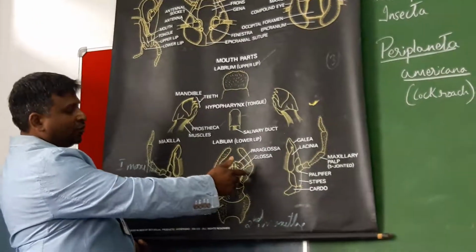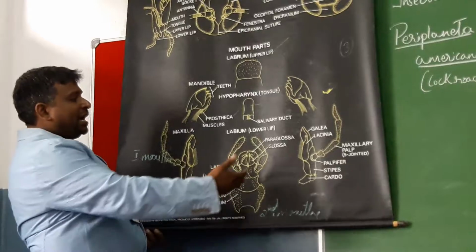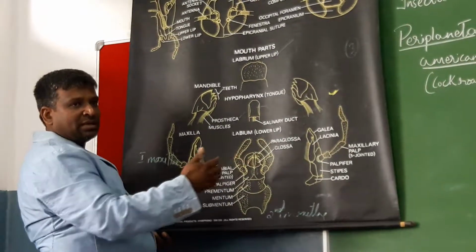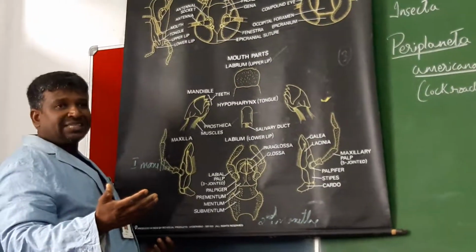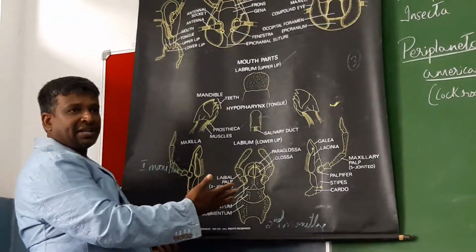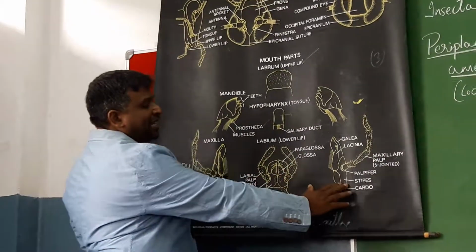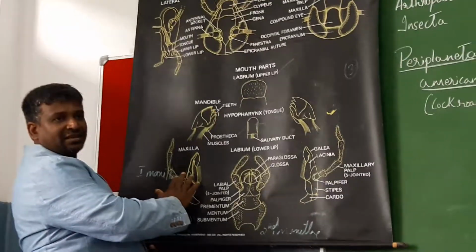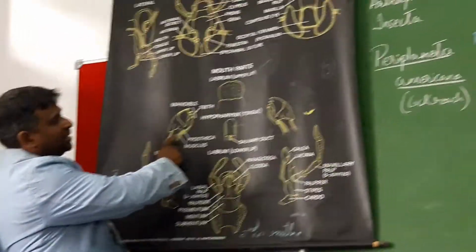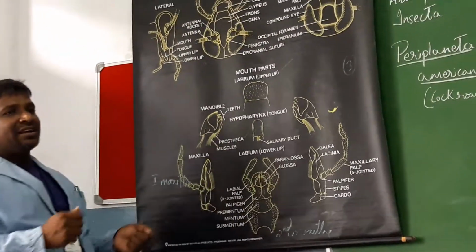They have a lot of protrusions which are labial palps, and you also have paraglossa, glossa. Those might not be required for your examination, but remember the lower lip has appendage-like extensions. Then a pair of maxilla is also noticed, a pair of mandibles which also have teeth-like structures that helps in cutting and crushing the food.